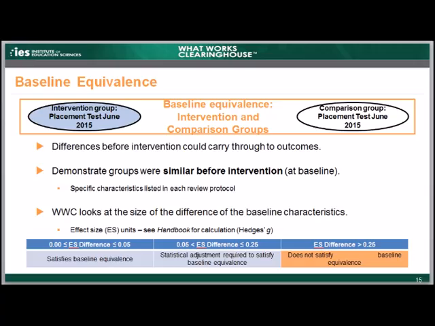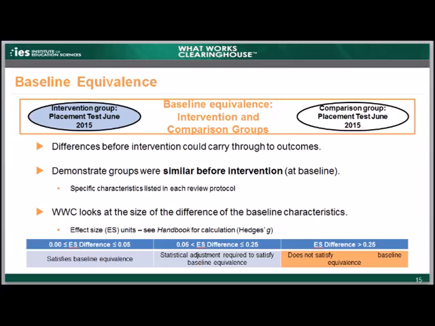To assess pre-intervention comparability, the WWC looks at the size of the difference between the groups in standardized mean difference effect size units. The handbook discusses how these effect sizes are calculated, but if you're familiar with Cohen's d, then the WWC's effect size will be familiar to you.